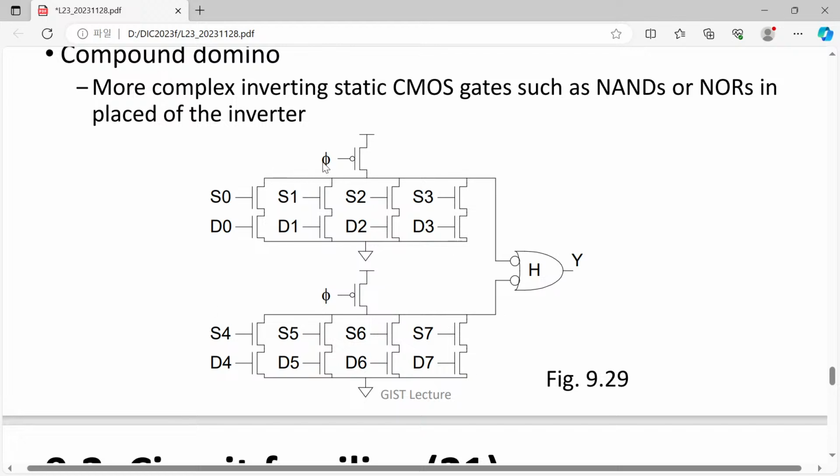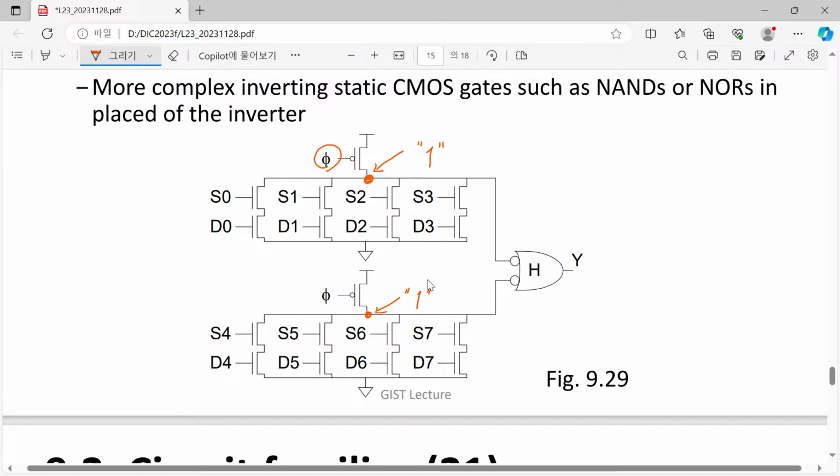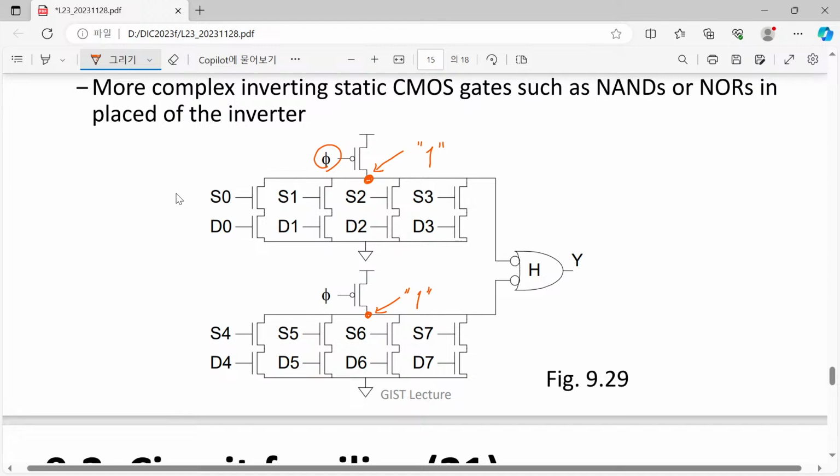In the pre-charge phase, this node will be charged to 1, and also here we have the value charged to 1. We have 8 different select signals, and it is assumed that among the 8 of them, only one is actually 1, and all the others are just 0.